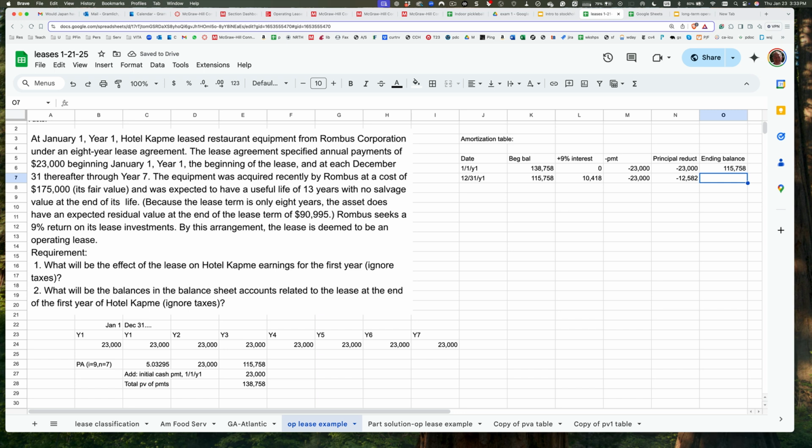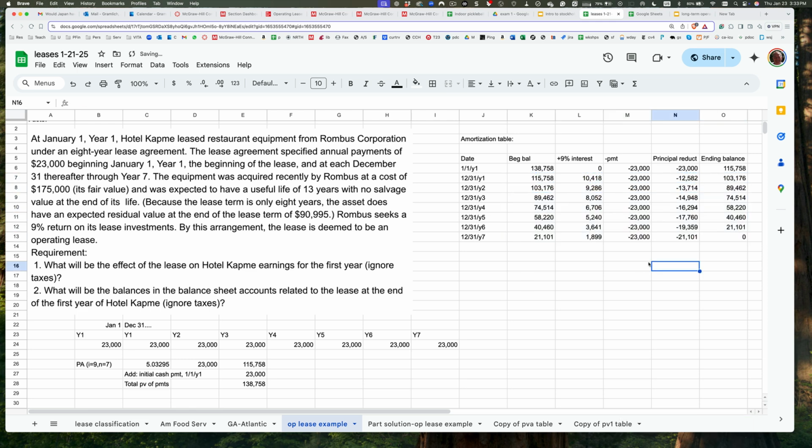And then the ending balance is going to be equal to the 115,000 plus the negative number, 103,000. Over here, this is going to be 12/31 year two. And I can take those two, and we want to take that out to 3, 4, 5, 6, 7. Can take these formulas, copy them down to here, and that's our amortization schedule.